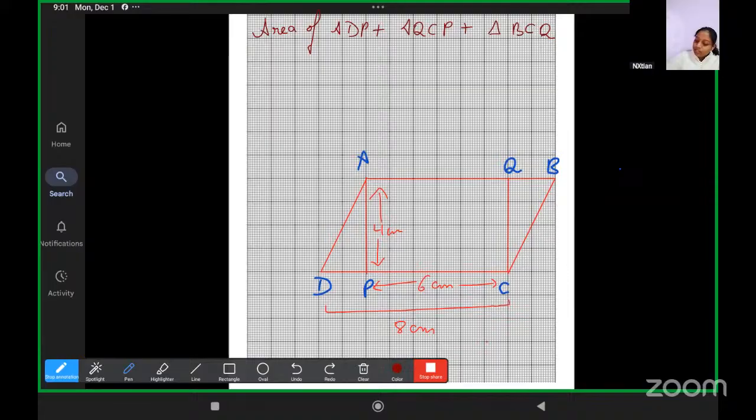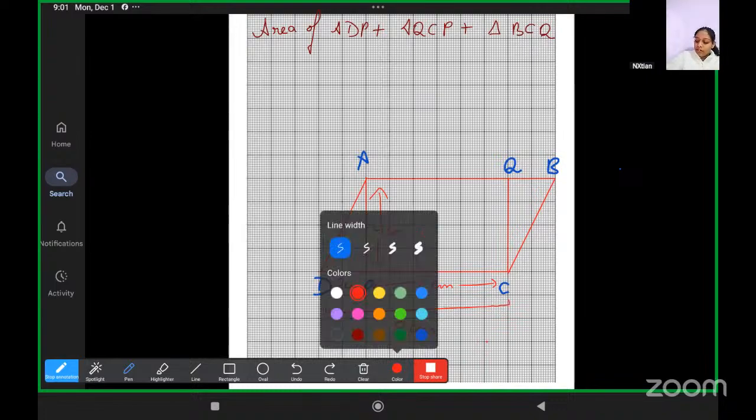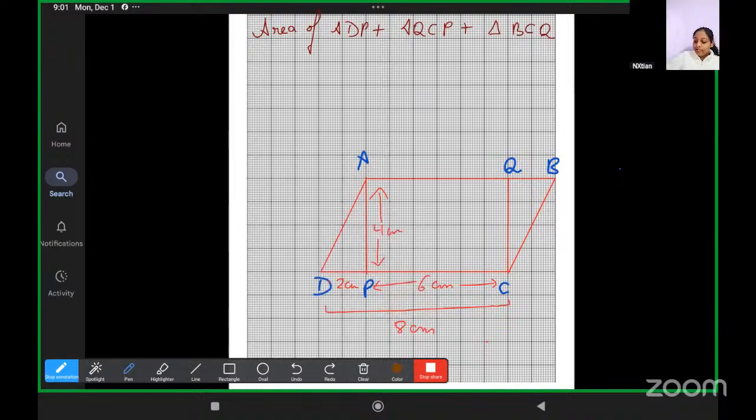See, this DP is 2 centimeter because one box and two box. So half base into height formula. Area of ADP is half into base 2 into height 4. 2 by 2 cancels, becomes 4.